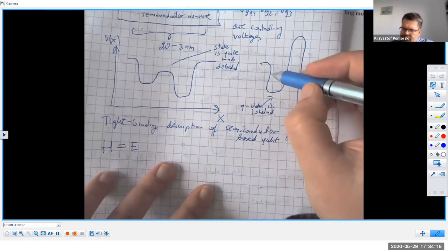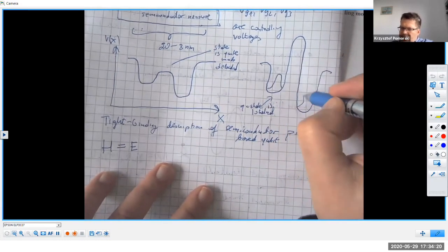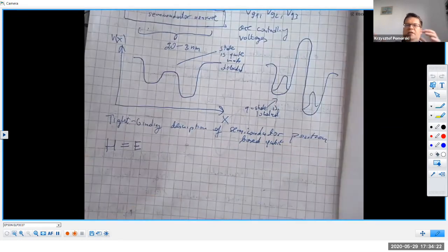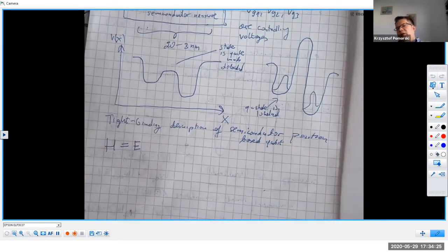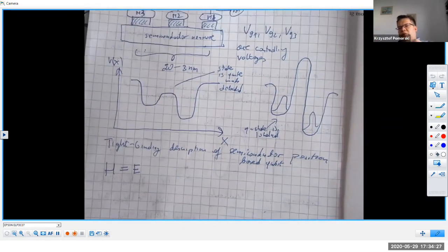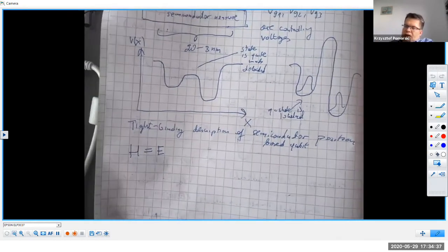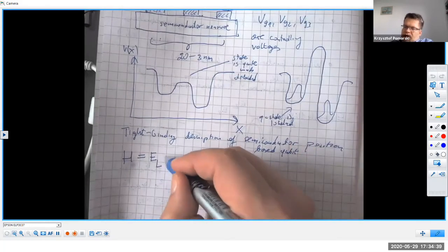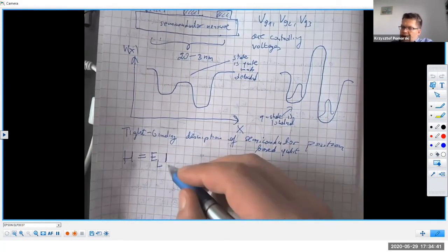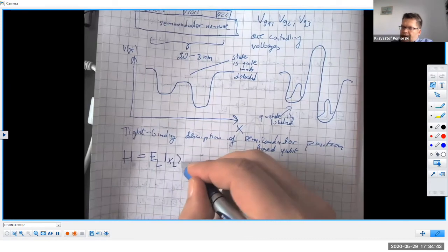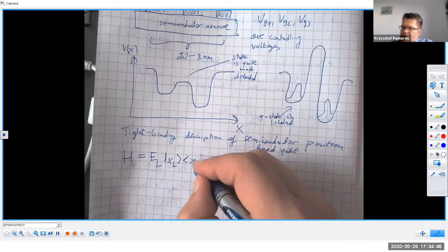It can be here, it can be here, and you can isolate these quantum dots if you put a very high barrier in between, so there is no possibility of tunneling through this barrier. So localized energy on left, right. So we can have XL. I can write it in such a way.